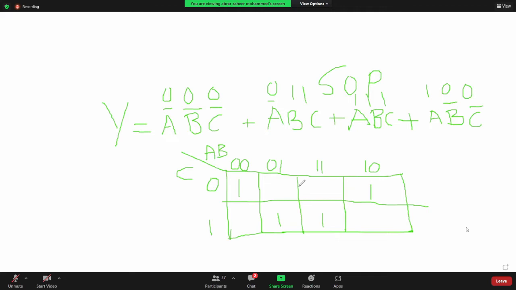So after this, now we have to group the number of ones. So what is the process for that? How do we have to group the ones?